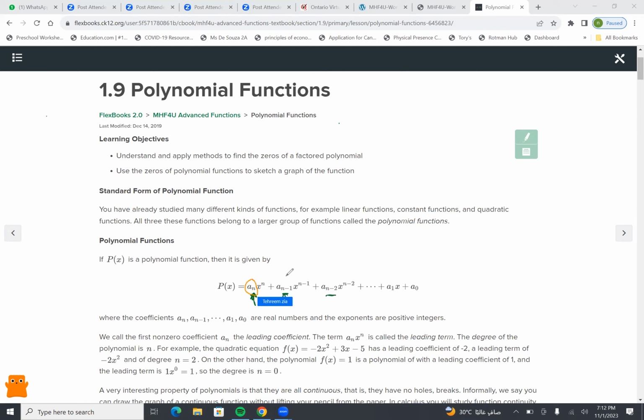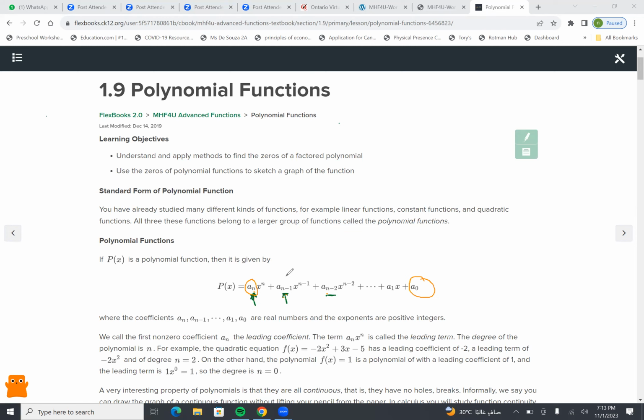This is just telling the coefficients. And a polynomial can be like this: first coefficient, second coefficient, third coefficient, this way. And last, there will be only a constant.